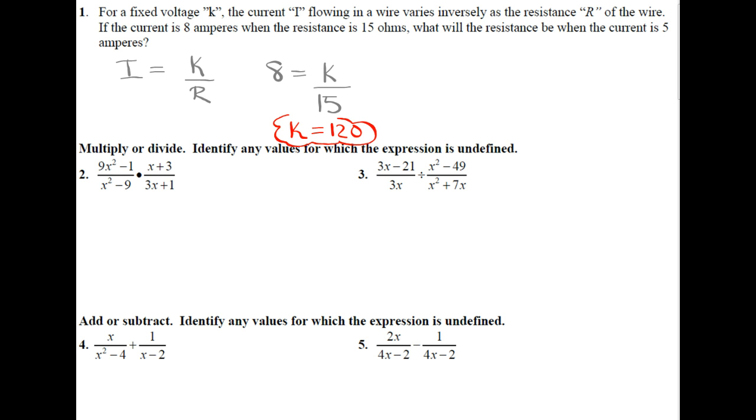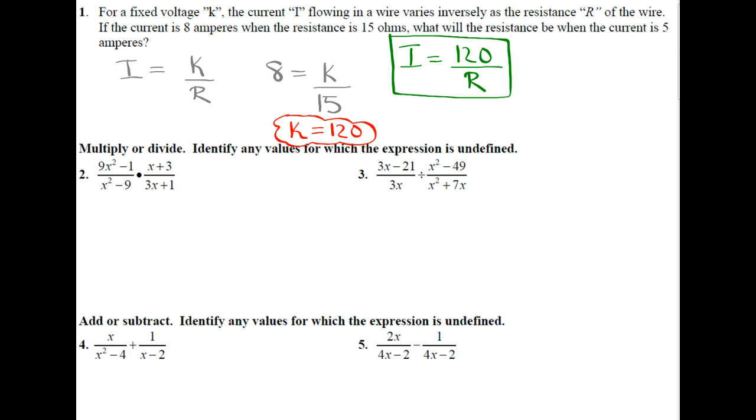So there we've solved for our constant K, which means we can go ahead and record a formula with this constant voltage as 120 instead of a K. And so now the current is going to be equivalent to 120 divided by the resistance.